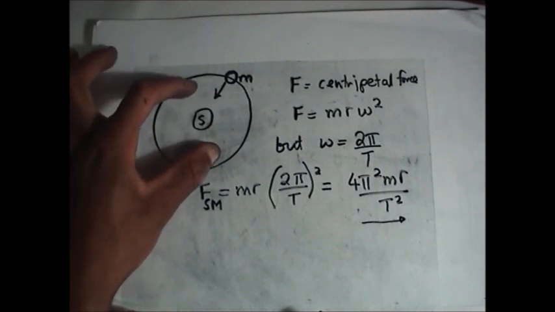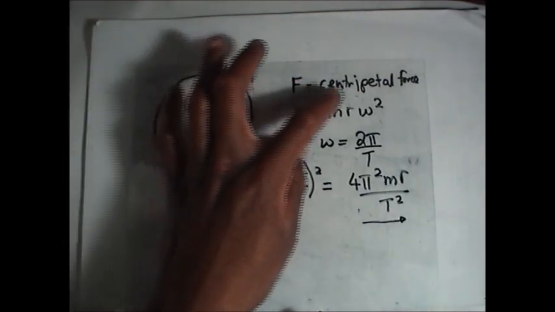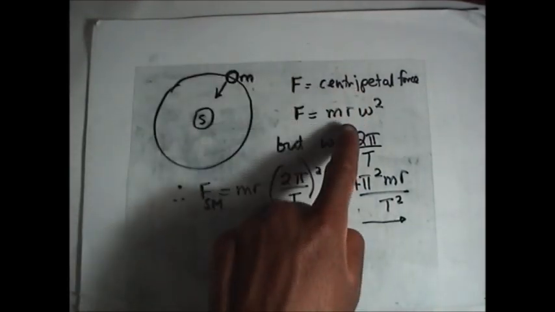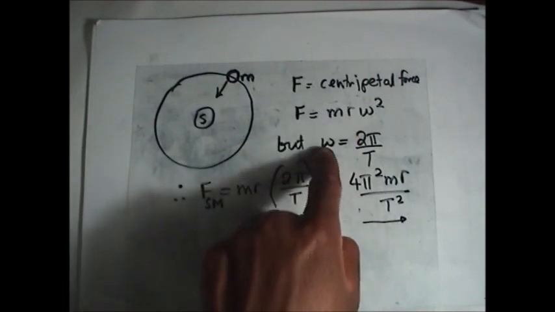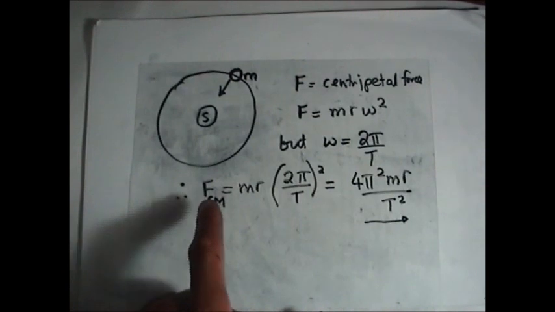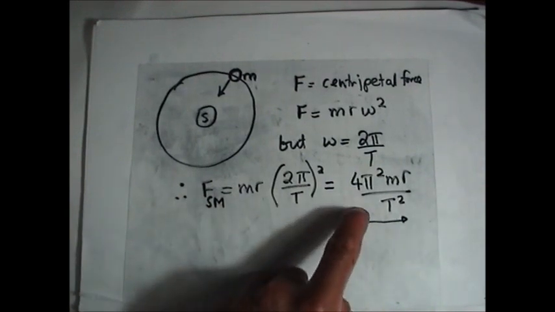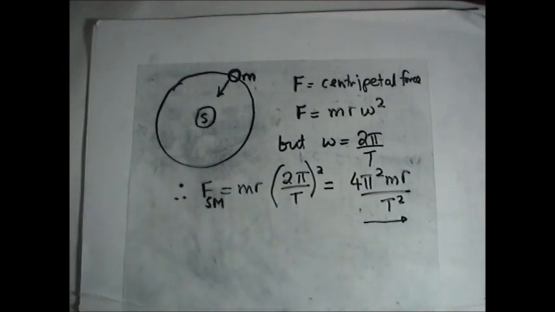Newton assumed circular orbits. Then he was like, okay, if it's a circular orbit, there's going to be a centripetal force, and I know that centripetal force from circular motion is calculated like this. But I also know that ω is equal to 2π over T. So this force here is given by this. That's what he knew at that time.